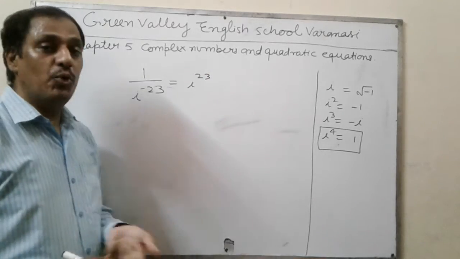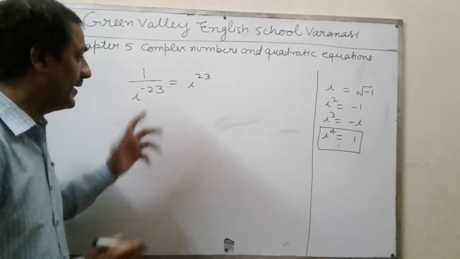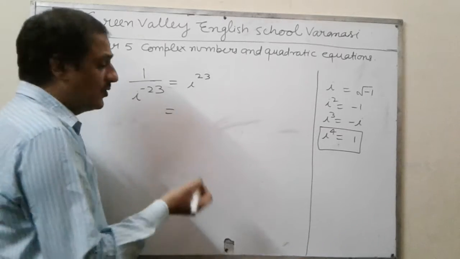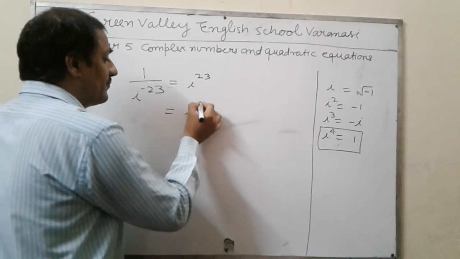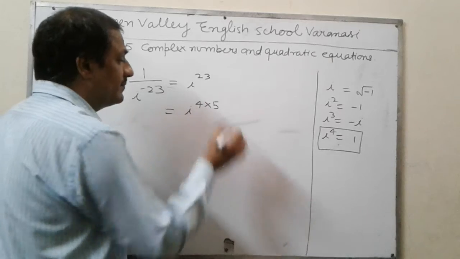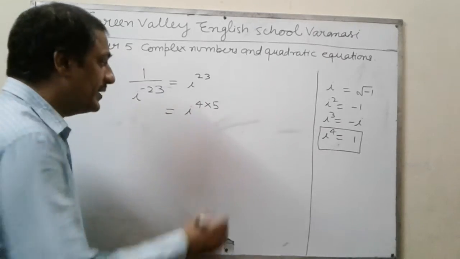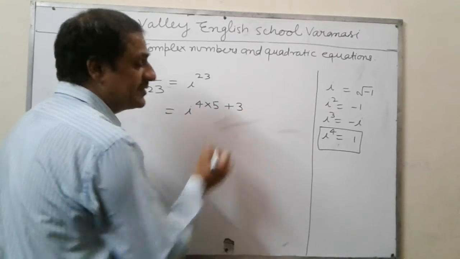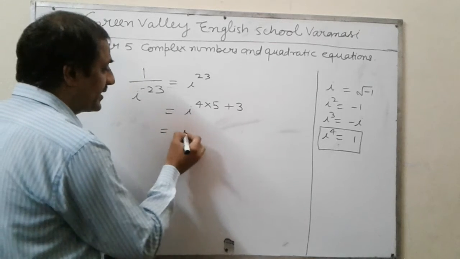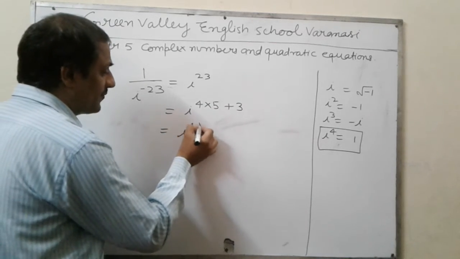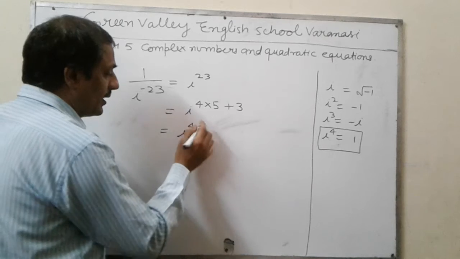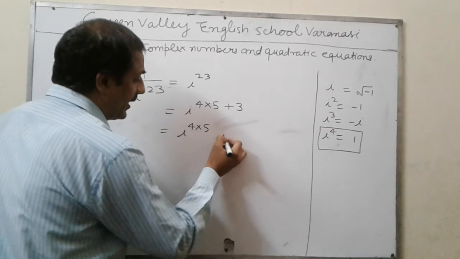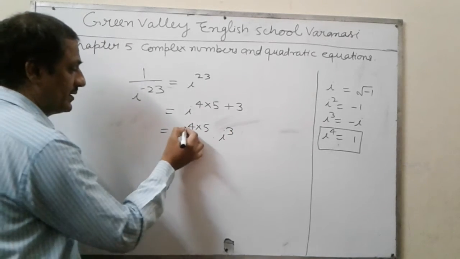Here the power is more than 4, so we will divide 23 by 4. 4 times 5 is 20, 20 plus 3 is 23. We can write it like i to the power 4 into 5 into i to the power 3.